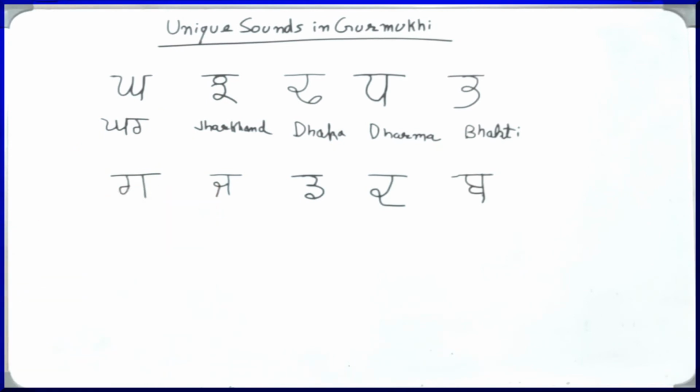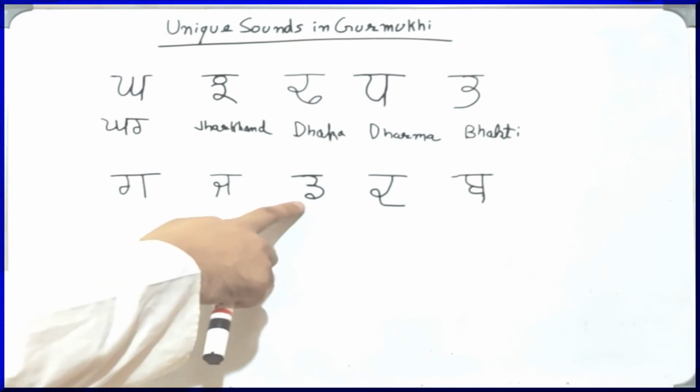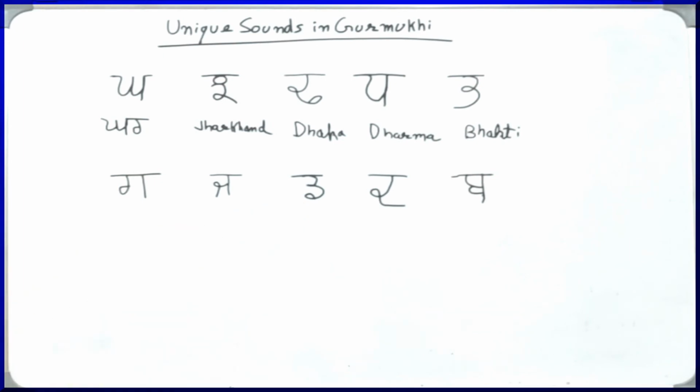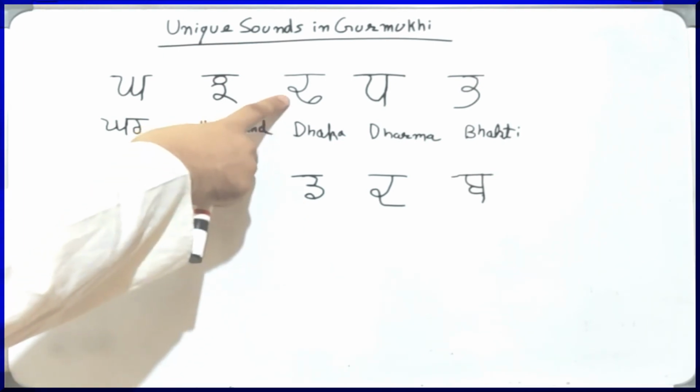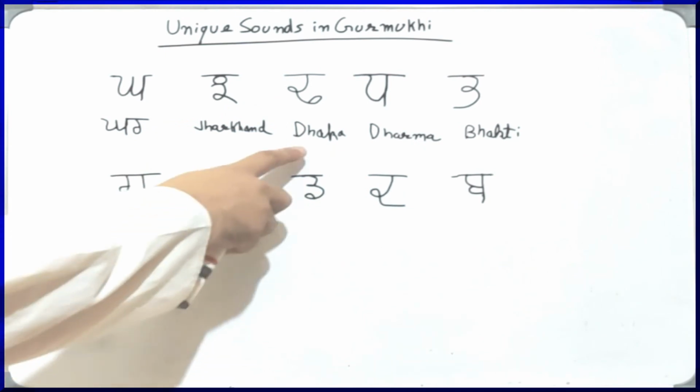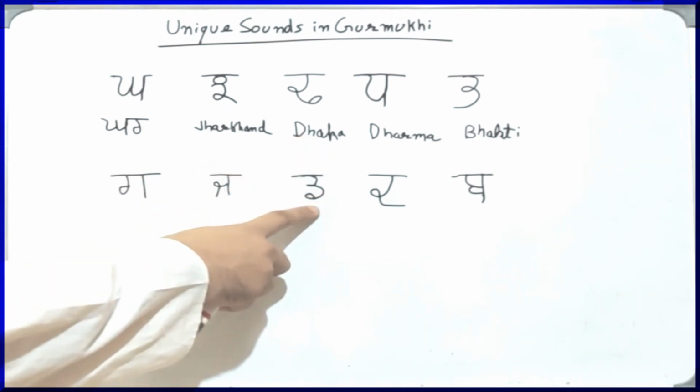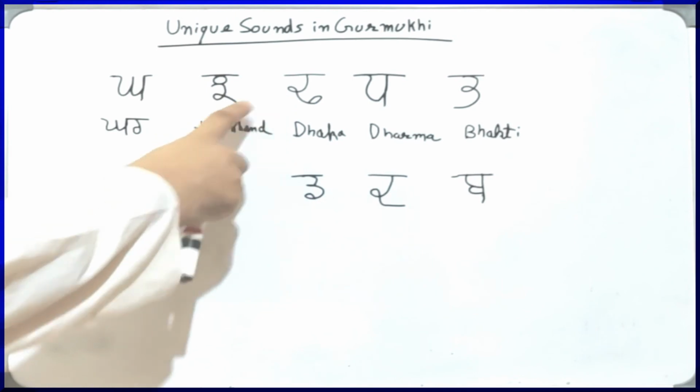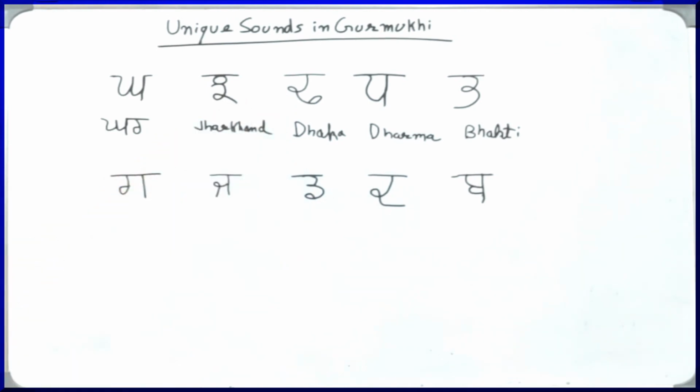The third letter is Tadda. Tadda is going to give the sound of T, and Dadda is going to give the sound of D. T, D. And the example that we have here is not Dhaka but Taka. Alright? The fourth letter is Tadda.